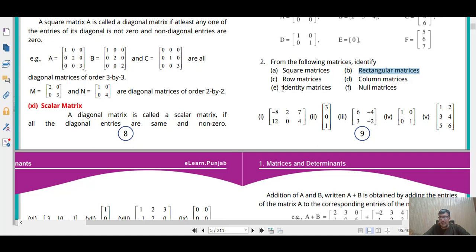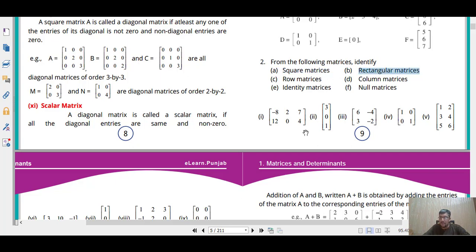In the previous question, we have covered identity matrices, that all the diagonal entries should be 1. We have covered row matrices, column matrix also, null matrix also. But in this question, two more types we are going to discuss, that is square matrix and rectangular matrix.